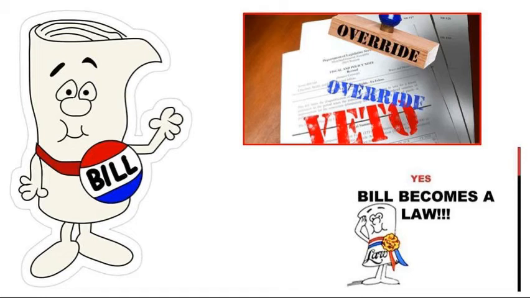If both houses approve the bill, it goes to the president, who may then choose to sign or veto the law. Although the president can veto any proposed law, Congress can override the veto, which means passing the bill over the president's objections. However, overriding this presidential power requires a 2/3 majority in both houses.